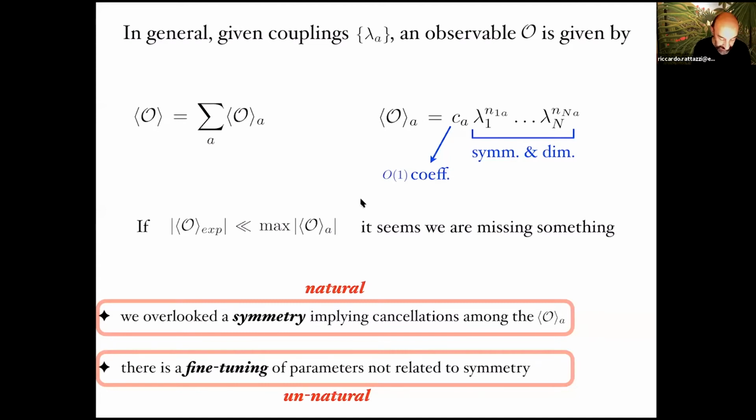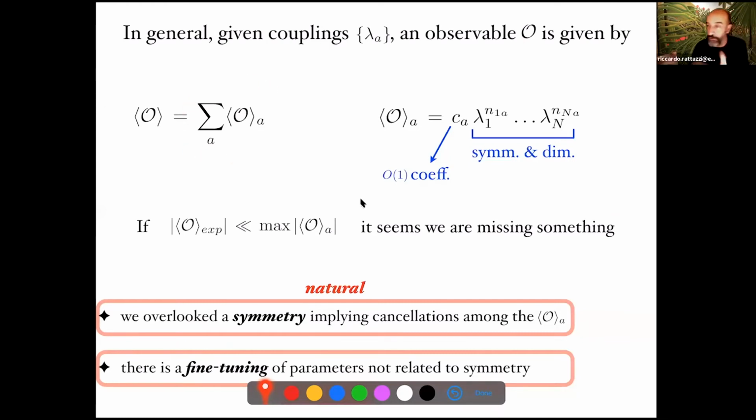If you compute all these contributions and then know that the measured result is much smaller, it looks like you're missing something in the picture. Maybe you're missing a symmetry, or maybe you're missing this cancellation. And each of these may mean something, in a way that I will now try to illustrate.